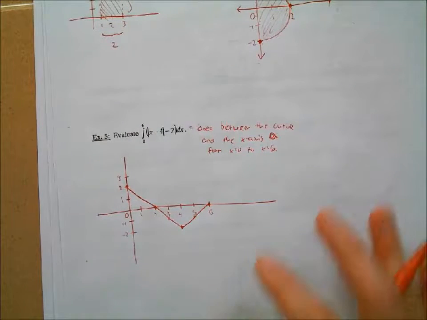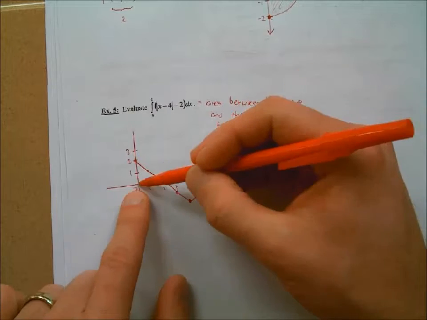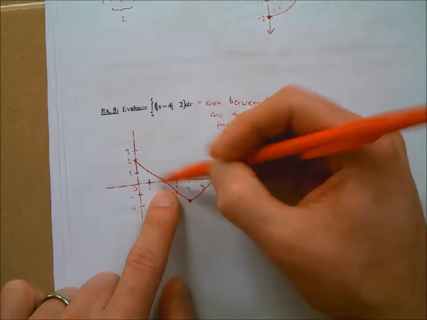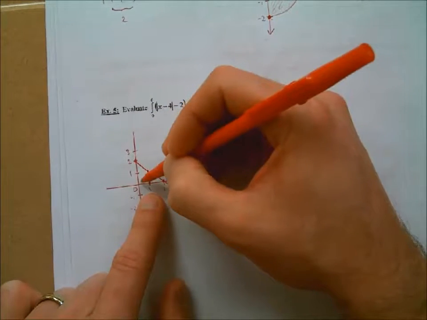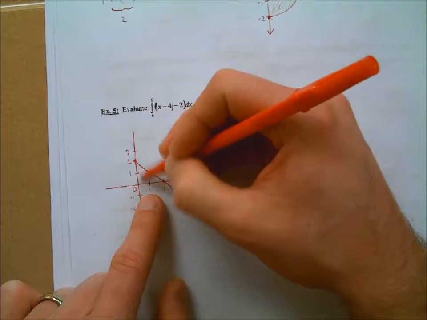So from 0 to 2, our curve is above the x-axis, so there's the x-axis, there's the x equals 0 vertical line, and at 2, so this is going to be our region right here.